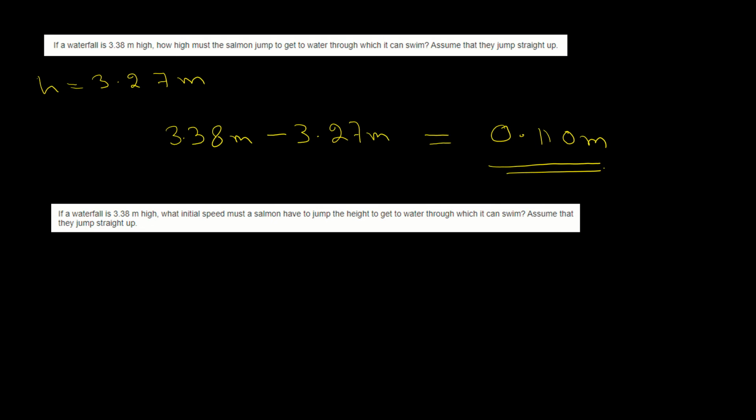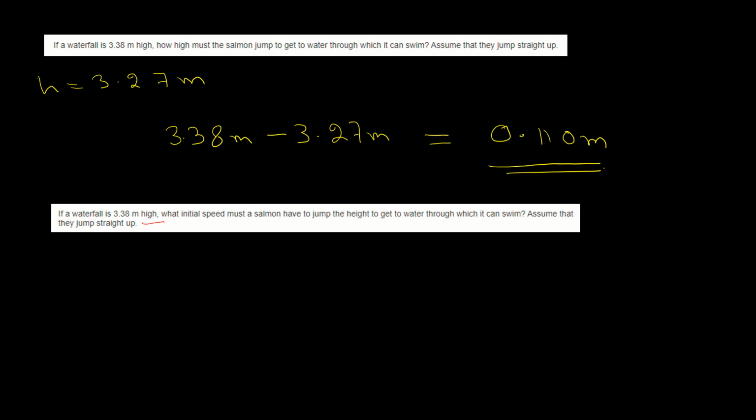Now for the third part, if a waterfall is 3.38 meters high, what initial speed must the salmon have to jump to the height to get to water through which it can swim? Assume that they jump straight up again.